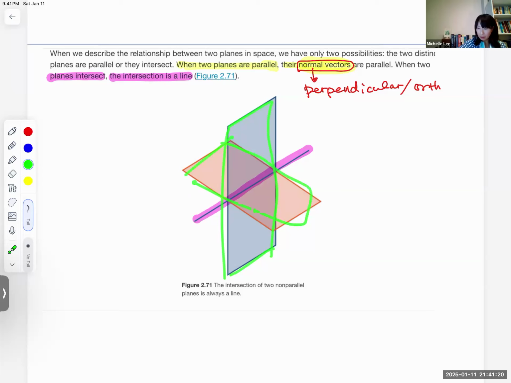This is a plane. So if two planes are parallel, their normal vectors are parallel. Normal vectors means orthogonal, perpendicular, right? When two planes intersect, the intersection is a line. This is a line, okay?